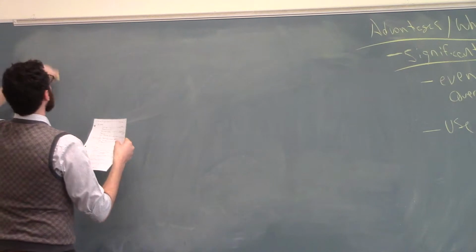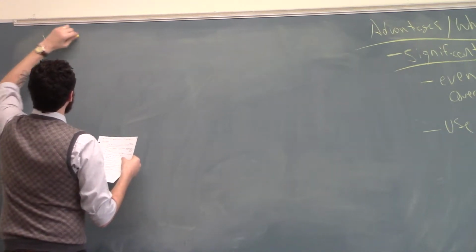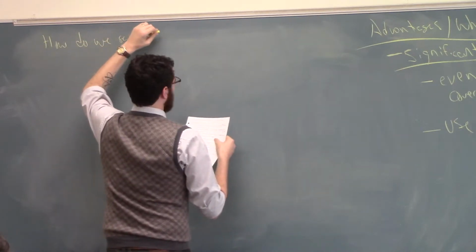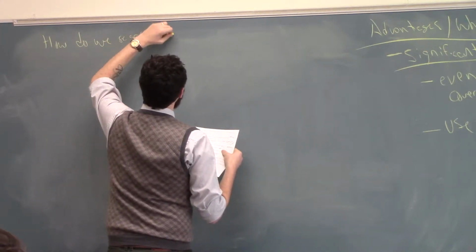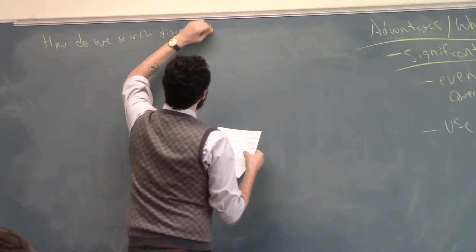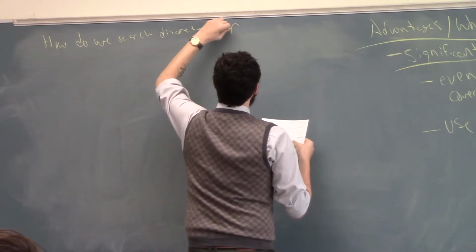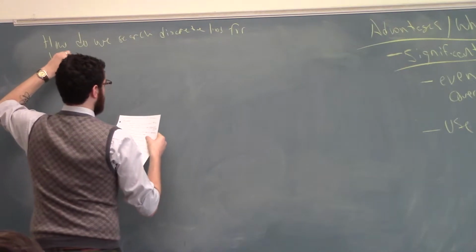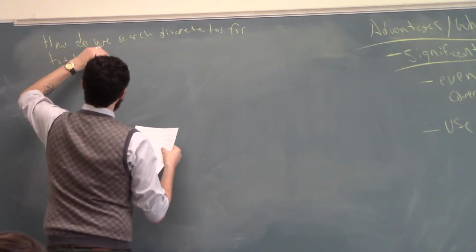So the question we have now is, how do we search discrete libraries for total protein conformation?